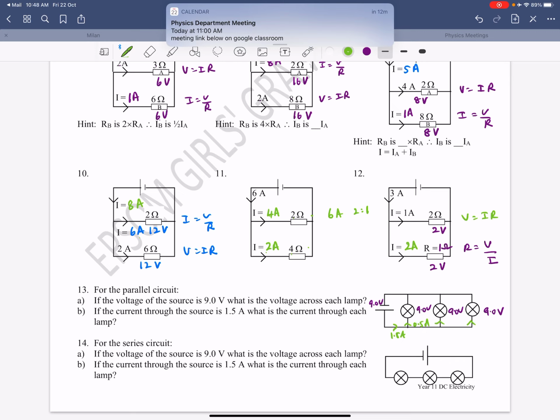So this will be 0.5, 0.5, and 0.5 amps. And then for the series circuit, the voltage across the source is 9 volts and the current through the source is 1.5 amps. So the current everywhere will be 1.5 because the current in a series circuit is the same.